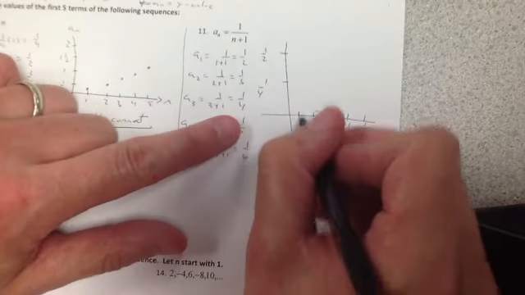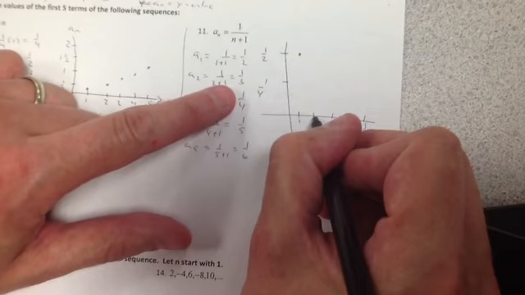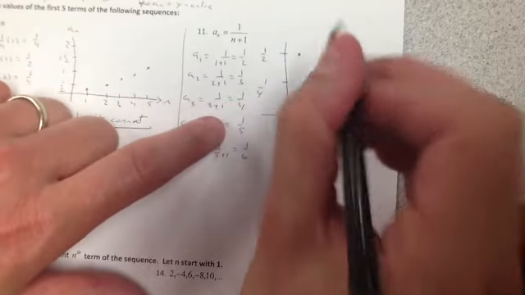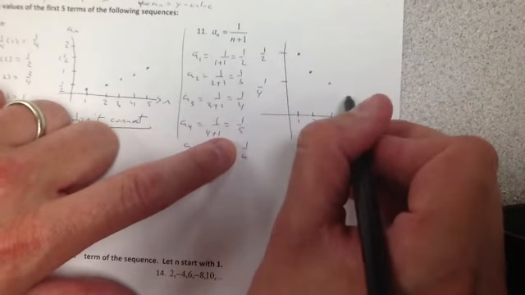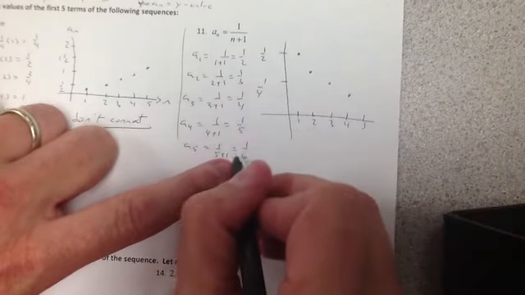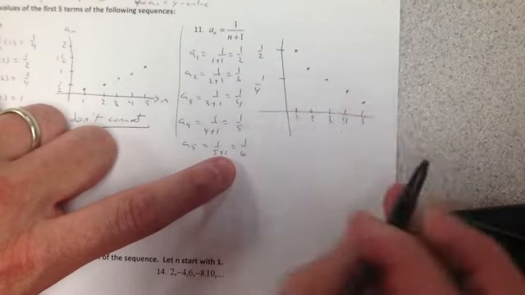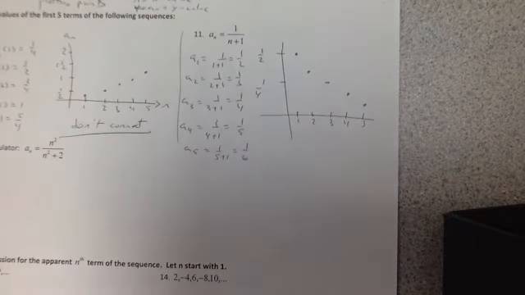So at 1, we know we're way up here at 1/2. At 2, we're at 1/3, which is a little bit more than 1/4. At 3, we're at 1/4. At 4, we're at 1/5, puts us below. And at 5, we're at 1/6. So it's getting smaller and smaller and smaller. And you can kind of see it curve a little bit. You're not going to get this perfect by any means, but it gives you an idea at least.